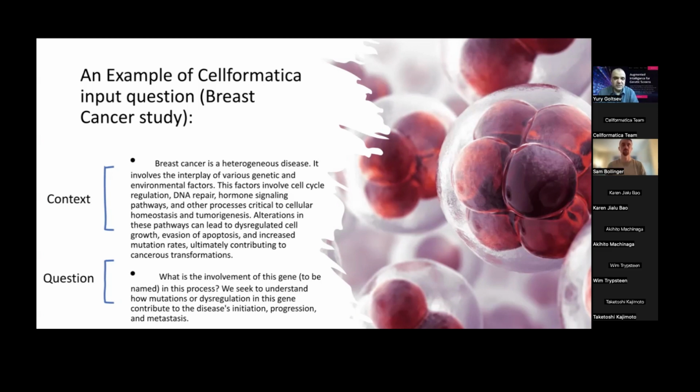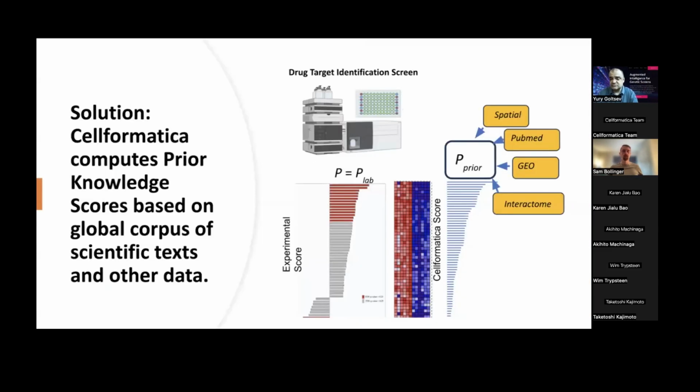So you can see here in the context, we described that we study breast cancer, that such and such factors could be involved. And the question is, what is involved in this gene in this process? So it looks like a placeholder, this gene, because what Cellformatica does, it takes this question and it throws at a list of genes, or a list of entities for that matter. And then it is almost like a multiple choice exam.